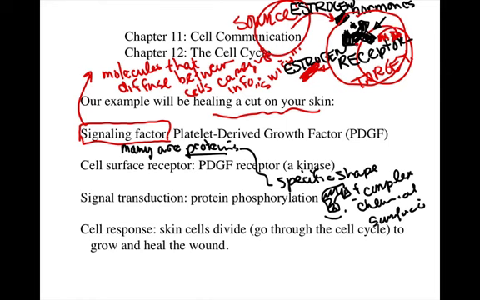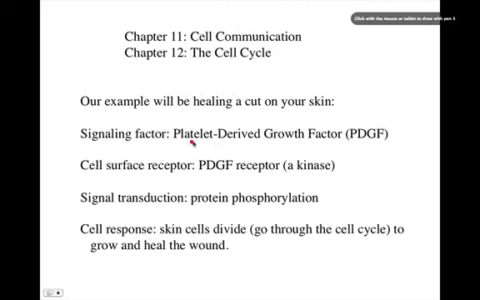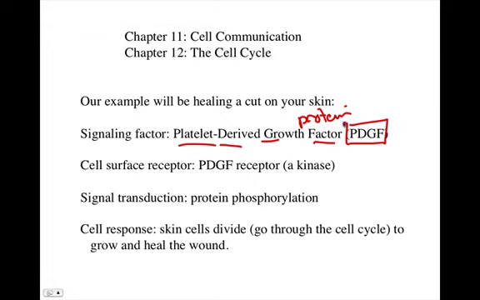When we talk about information flow and the choice to divide or not, it's really receptor proteins that are going to be making that choice, helping make that choice, when they bind to the signaling factor. So our signaling factor in our example is going to be platelet-derived growth factor, PDGF, and it's a protein, and we'll learn about it.